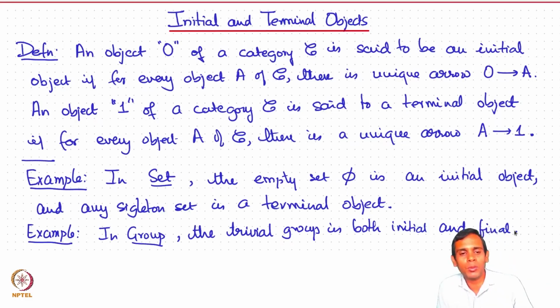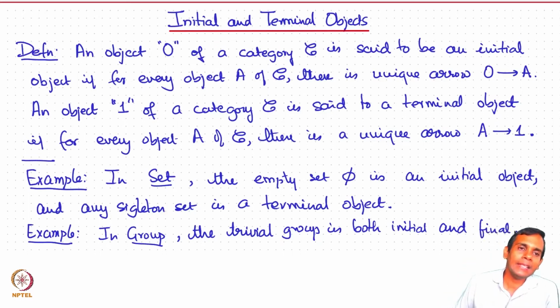So to define a homomorphism from a trivial group to any group, you only need to define it at the identity. And a group homomorphism must take the identity to the identity. So there's only one arrow from the trivial group to any group.